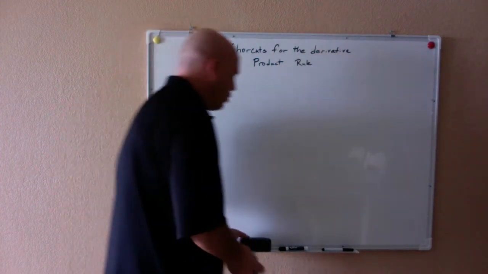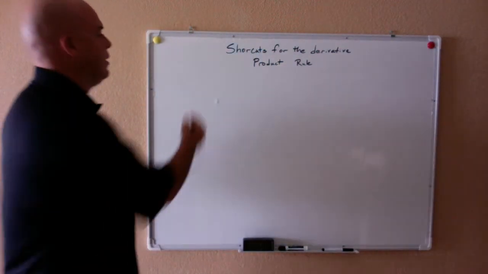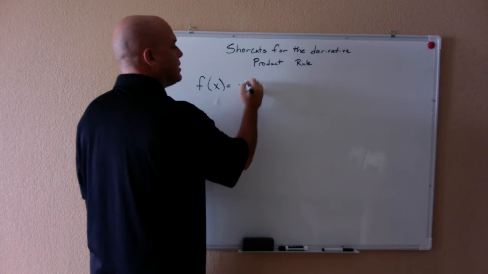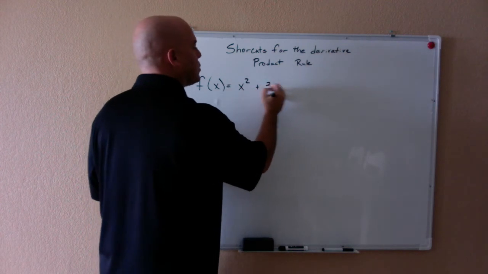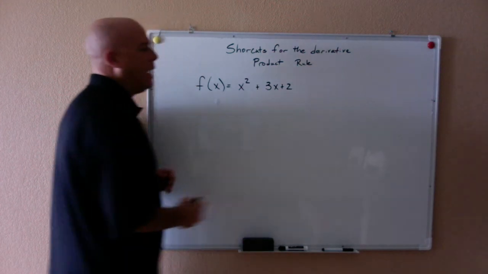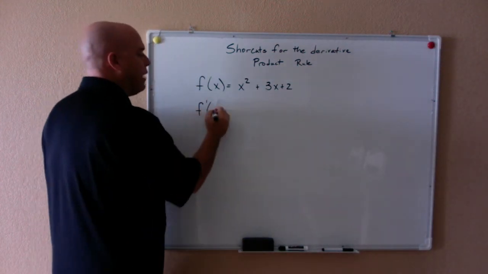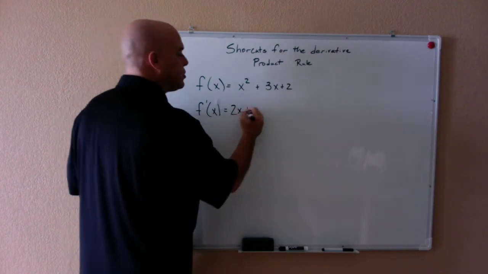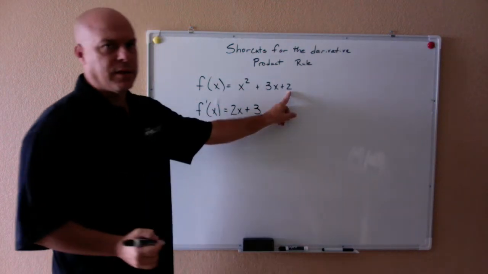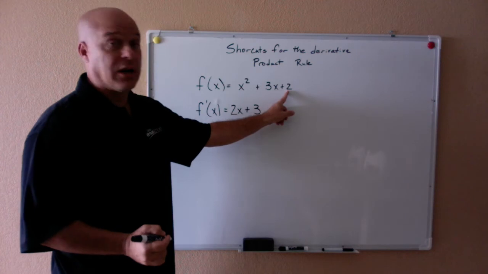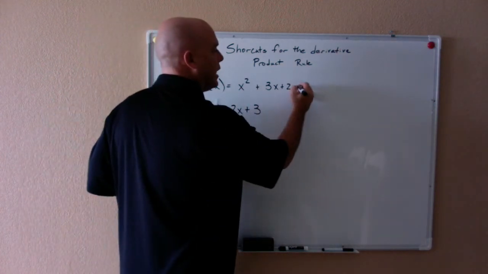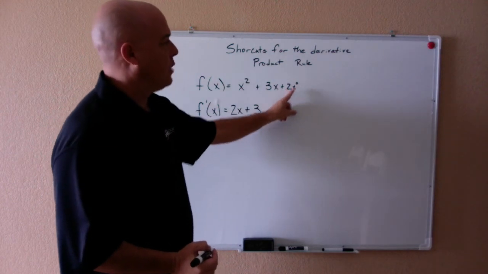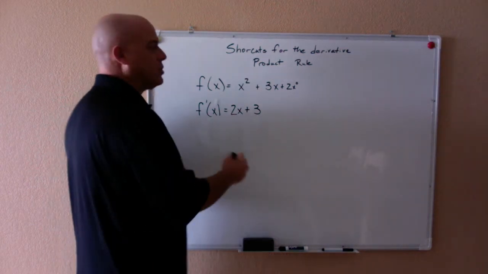Last time when we were working with the power rule, we were taking functions like x squared plus 3x plus 2, and we were finding using the power rule that the derivative of x squared is 2x, the derivative of 3x is 3, and then the derivative of the constant, we didn't really talk about this, we'll do this a little bit more later, but remember that the 2 is 2 times x to the 0, and when I apply the power rule to that, I bring the exponent down, so I have 0 times something, so that's just going to be 0, it goes away.